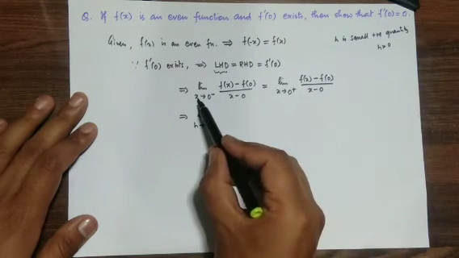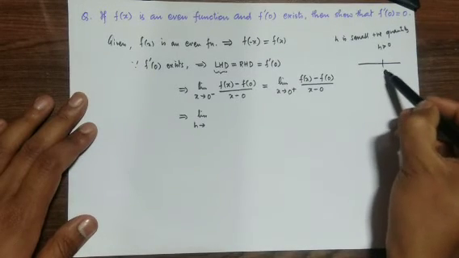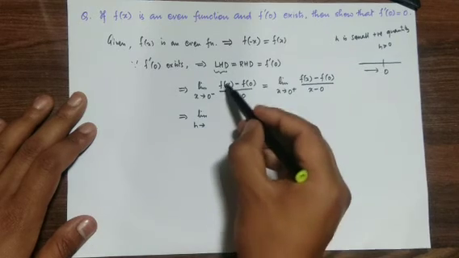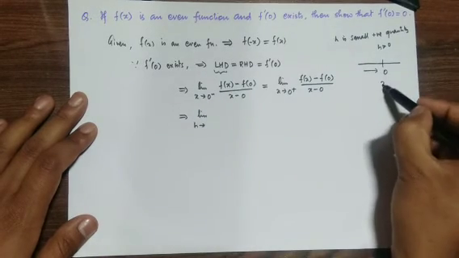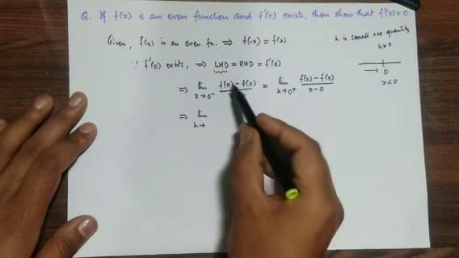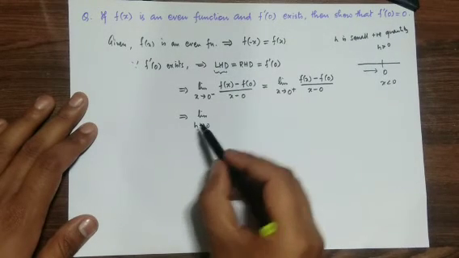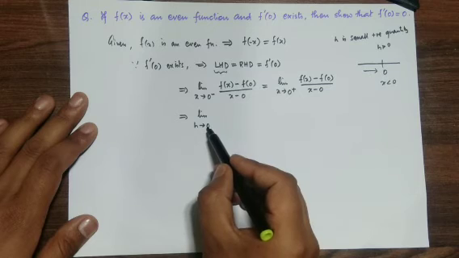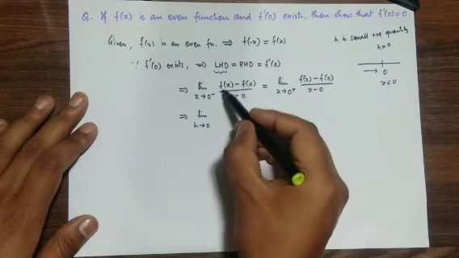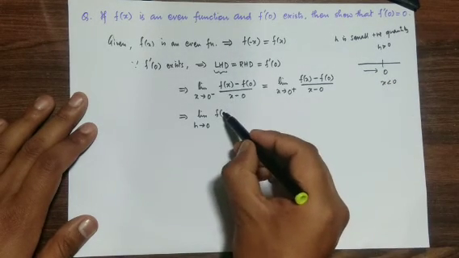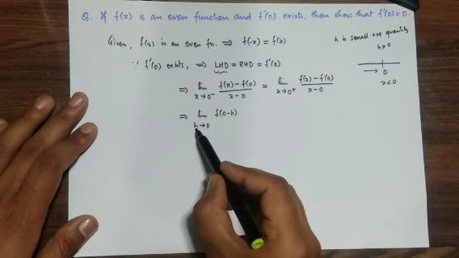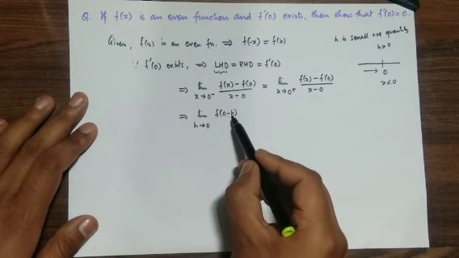Since x is approaching 0 from the left hand side, obviously x is less than 0, which means x is a negative number. As I said, h is a very small positive quantity going towards 0. So here I am writing 0 minus h, because since h is positive, 0 minus h is how much?